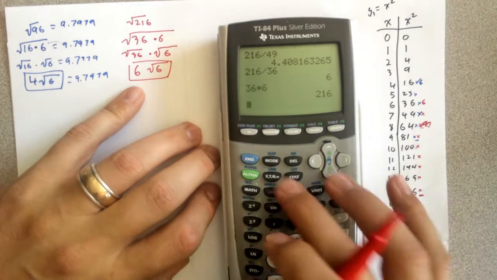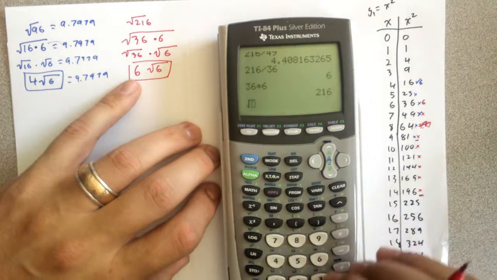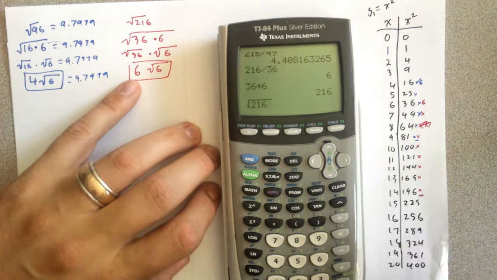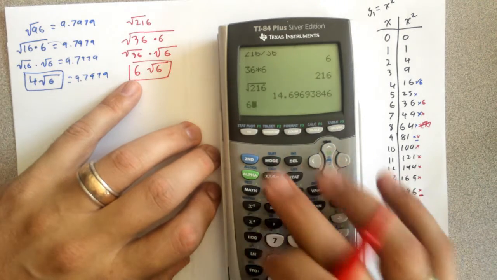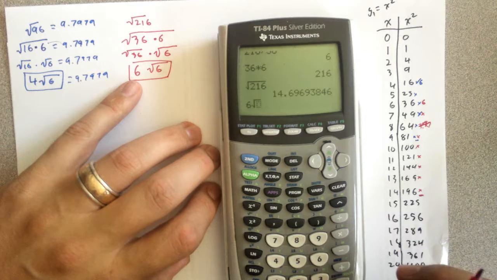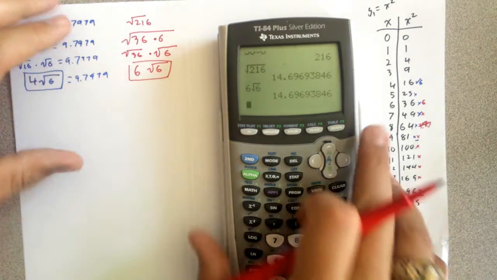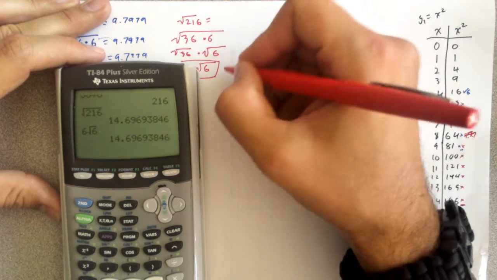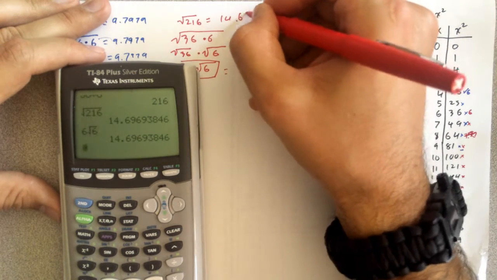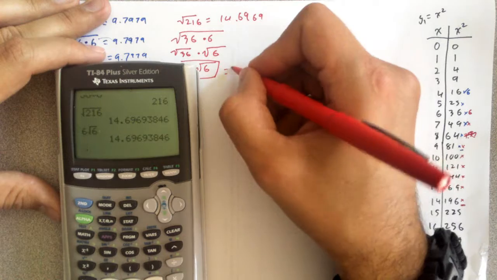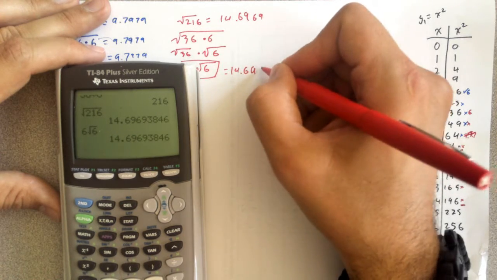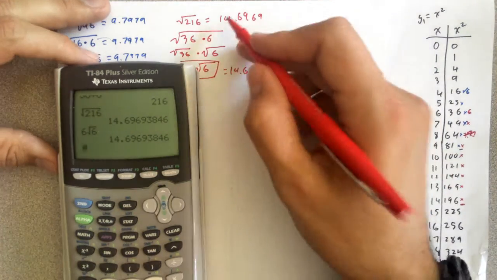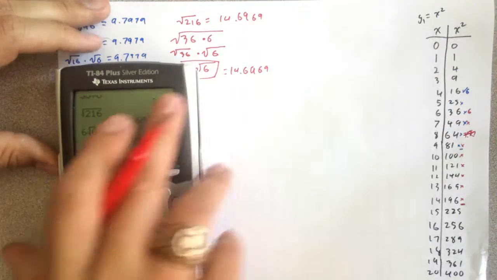In my calculator, I can go the square root of 216, enter, and then right below it I can do 6 square root of 6 and hit enter, and both of those equal 14.6969. Since these are equivalent, we know we did that right.